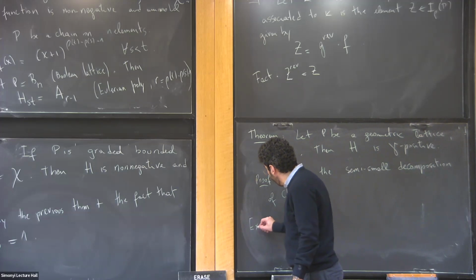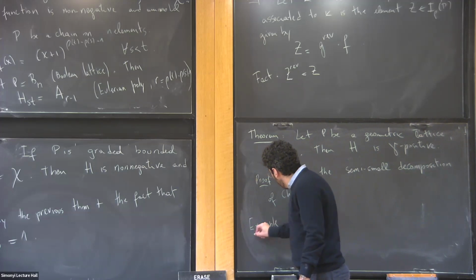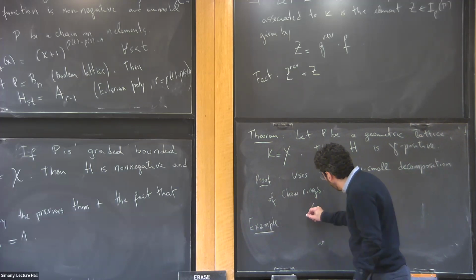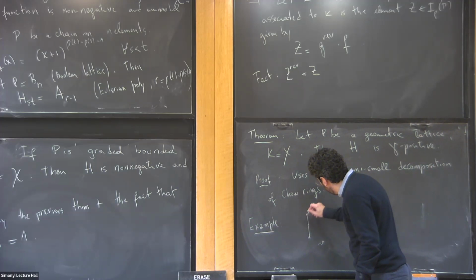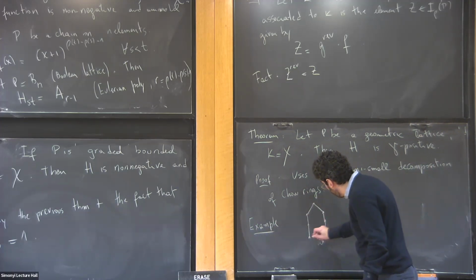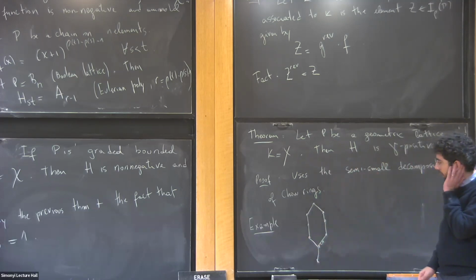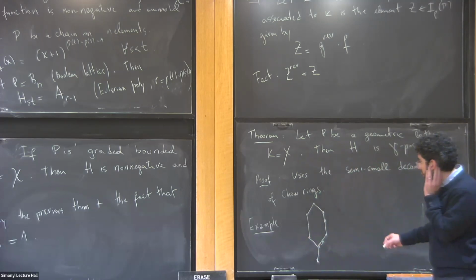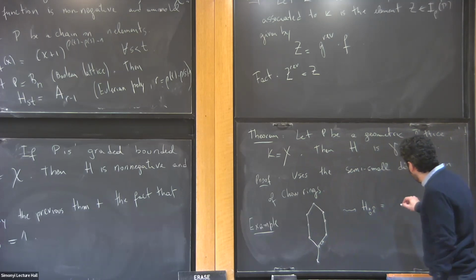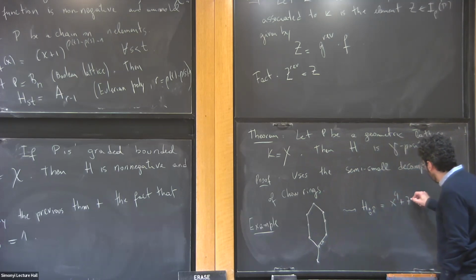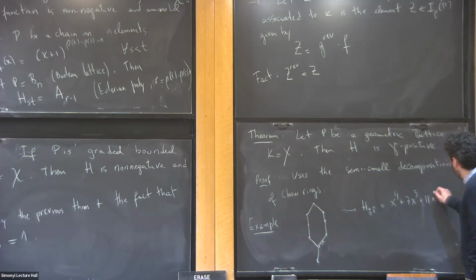In fact, for example, if you take the poset given by this thing, so this is just some poset. It's graded and bounded. You can define H. You can prove that H is equal to x to the 4 plus 7x cubed plus 11x squared plus 7x plus 1.